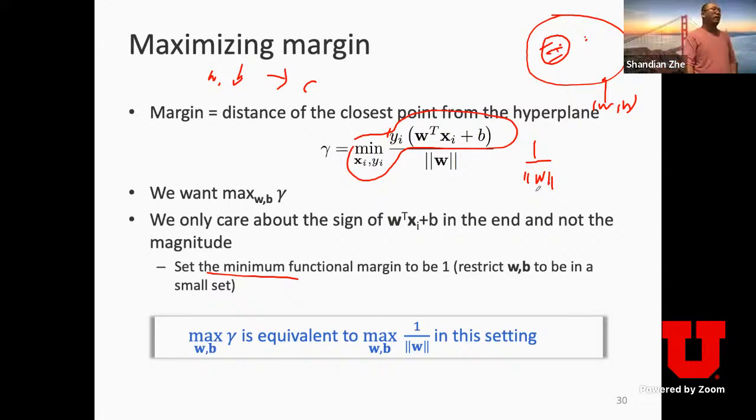The SVM takes exactly this strategy. I restrict it to a smartly designed subspace such that the minimum function margin, the numerator here, is always 1. So you don't need to explicitly calculate the minimum because you know it is 1. Then the remaining thing is to maximize the margin with respect to W and the offset B. It greatly simplifies our life.